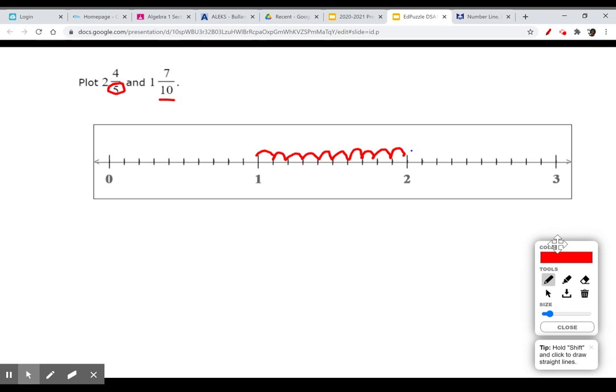So if I'm looking for 1 and 7/10, here's my 1. And for 7/10, I've got to go 1/10, 2/10, 3/10, 4/10, 5/10, 6/10, 7/10. And right there is 1 and 7/10.